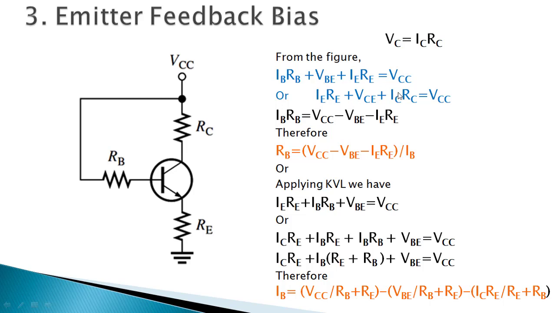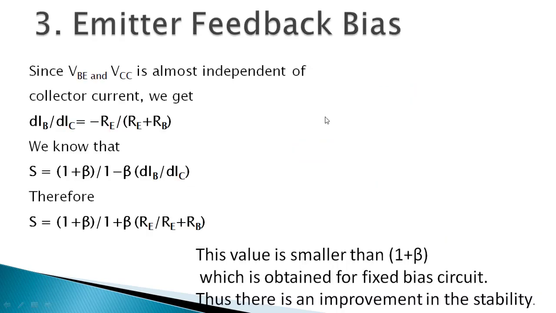Using these equations, we can calculate VCE, IC, IE, etc. In this emitter feedback method also, the stability factor S is equal to 1 plus beta divided by 1 plus beta into RE divided by RE plus RB. The value is smaller than 1 plus beta, which is obtained from the fixed bias circuit. So there is an improvement of stability over the fixed bias circuit.